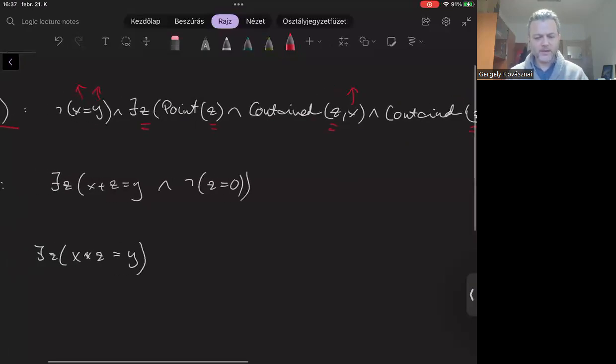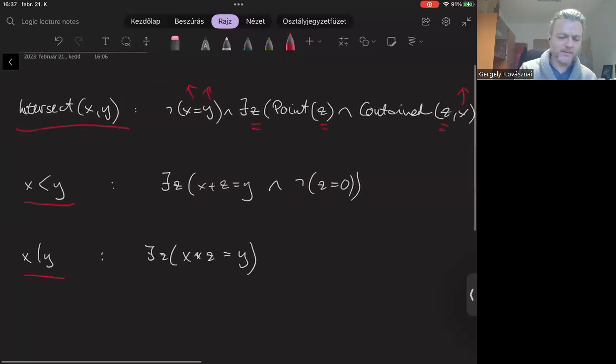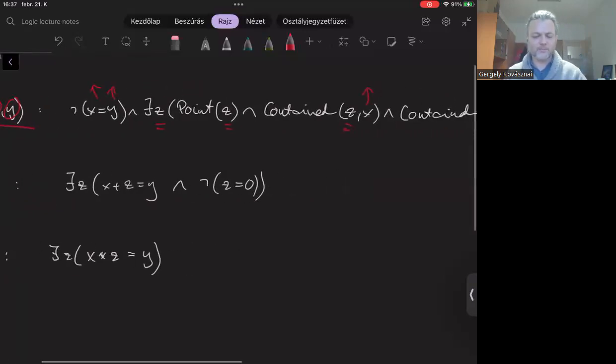And this should actually be the case, because as you can see here, x and y are supposed to be parameters to this actual intersect predicate. So this is all right.